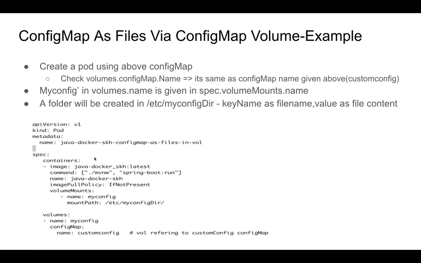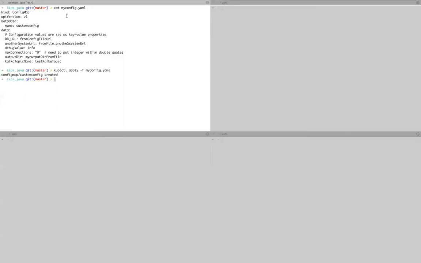So this is the name of the pod. And here, if you see in the containers, there is a volumes section, and the volume name is my config. And this volume is getting populated from a config map, and the config map name is custom config, which we just created here, right?